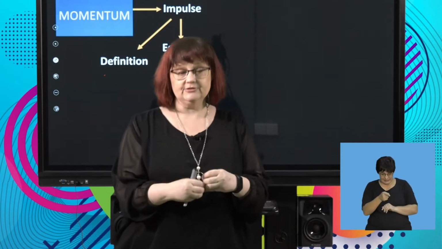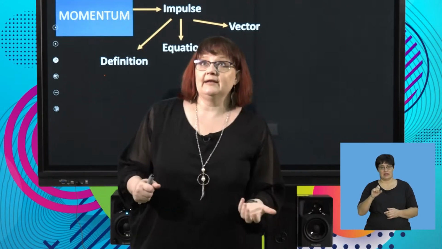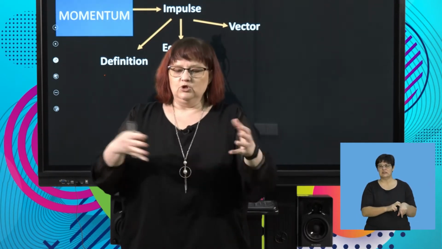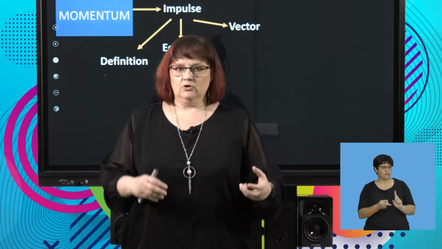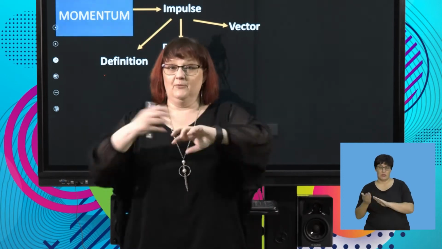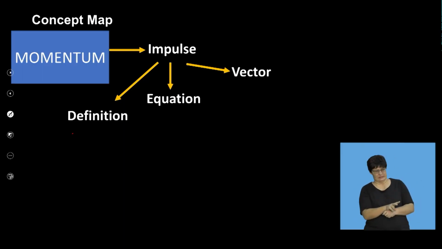And then, of course, we have to deal with the fact that it's a vector. So impulse is another vector that we need to use. We're going to have to work out where we get the direction of impulse from, because we're going to be looking at net forces and change in momentum, and we're going to have to put all of that together. But it's not as difficult as it seems.